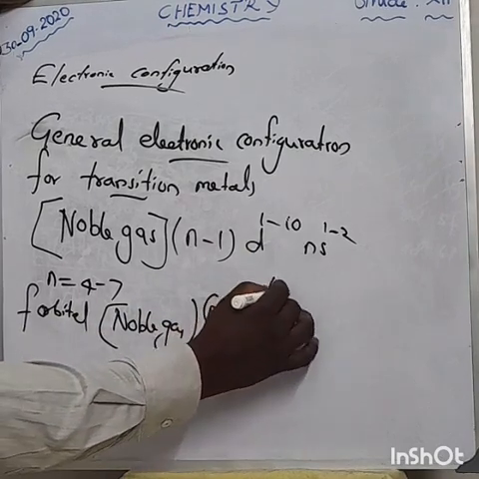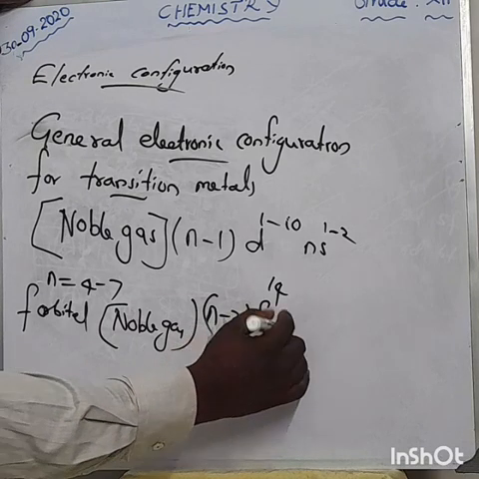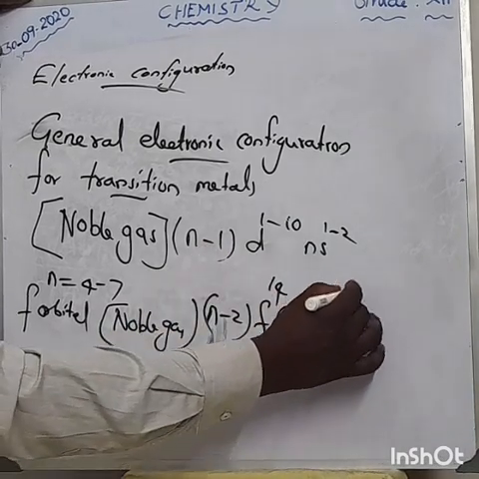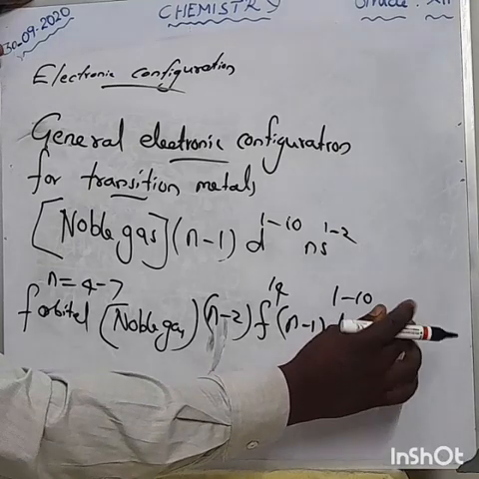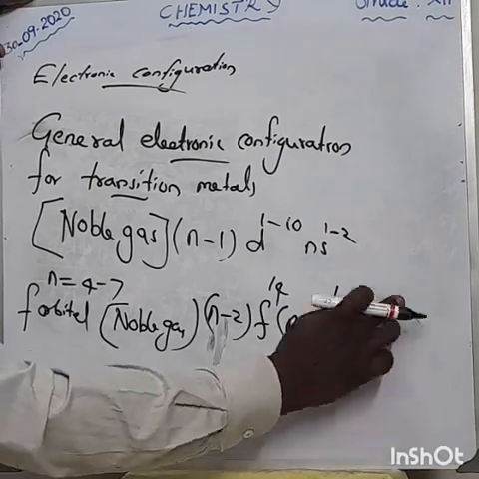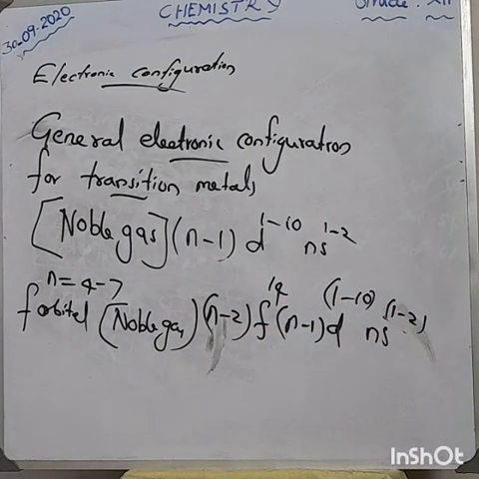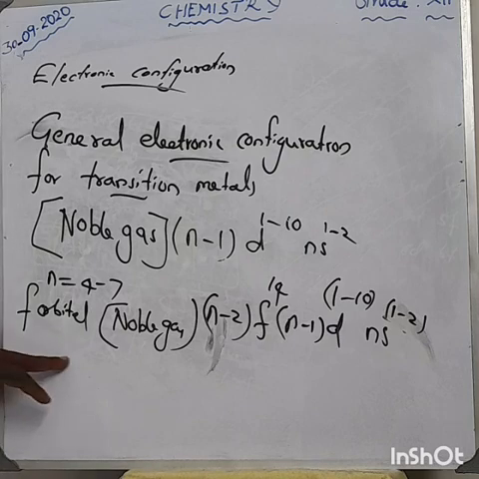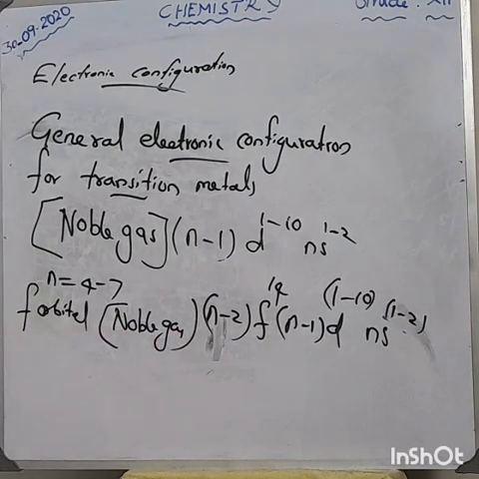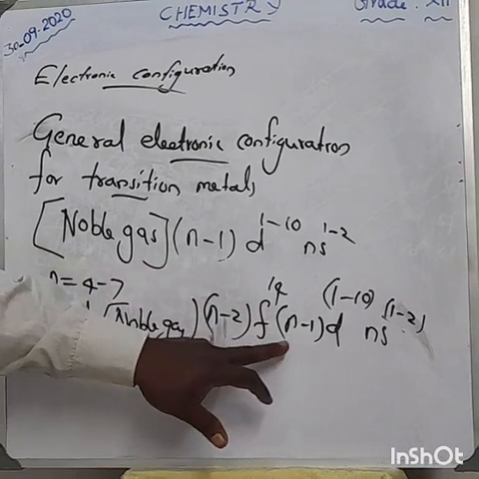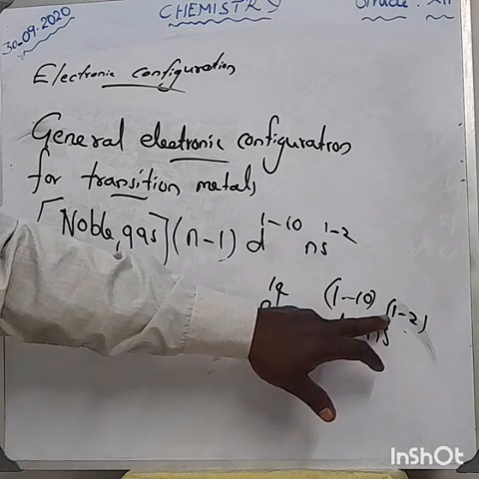F subshell means we are using 14. The general electronic configuration for the f block element is noble gas (n minus 2) f 14, (n minus 1) d 1 to 10, ns 1 to 2.